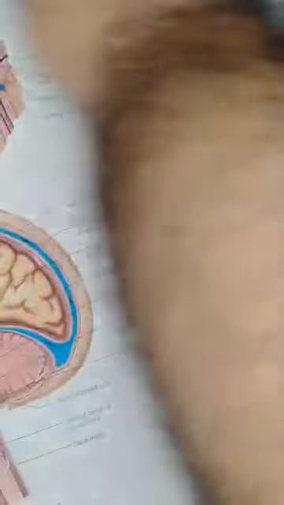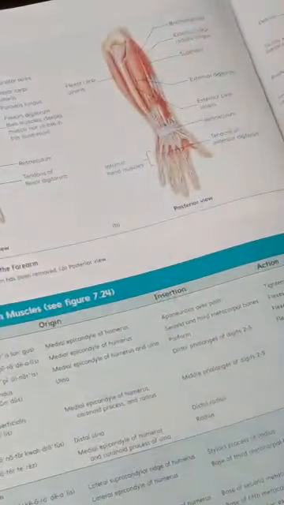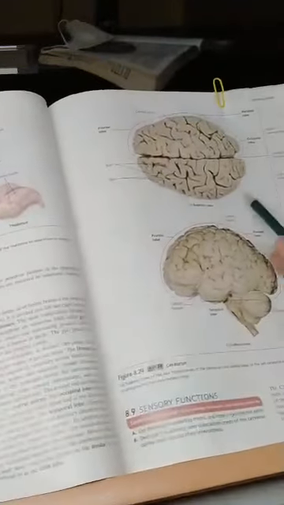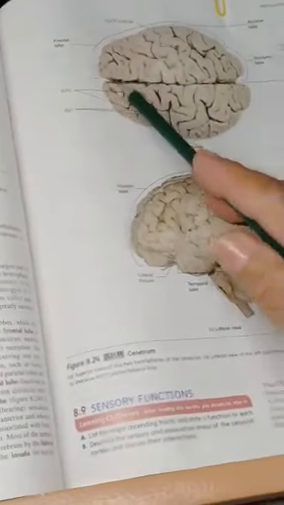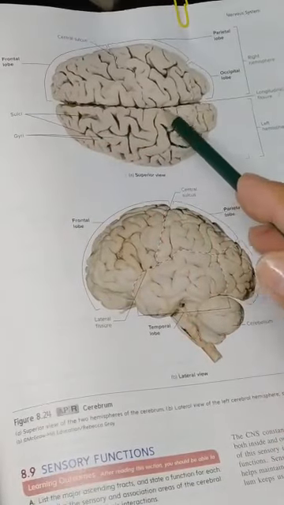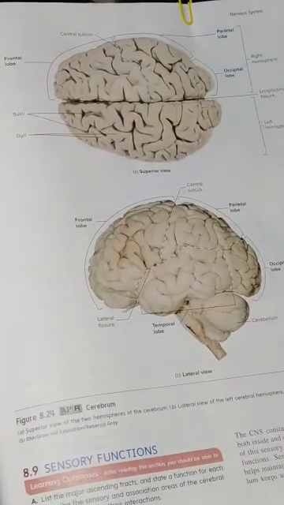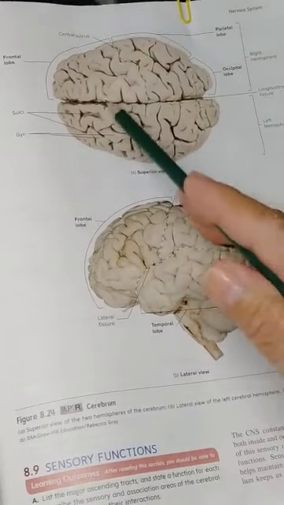Let me give you another picture. Take note of this. This is the whole brain, and you have here the so-called longitudinal fissure. The falx cerebri will be lodged or inserted inside the longitudinal fissure.